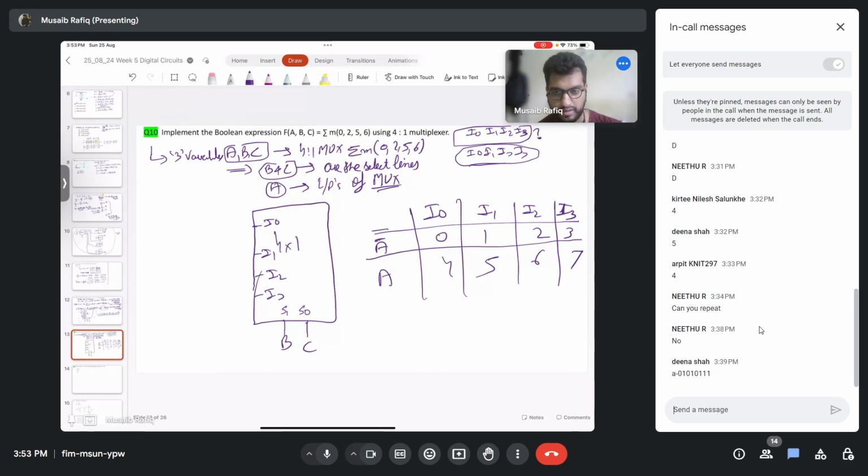Am I audible? Just to be sure, I'm not getting any response. So what is this table called? It has a proper name to it.